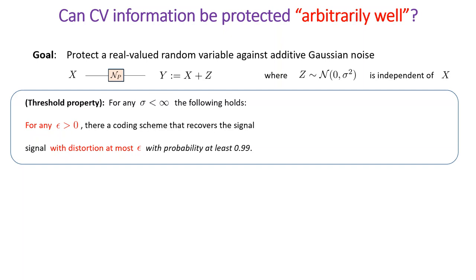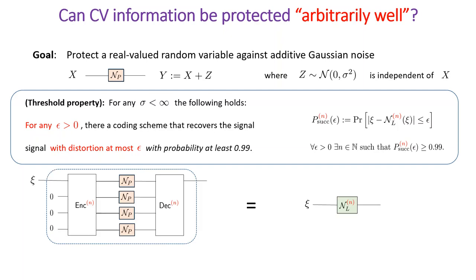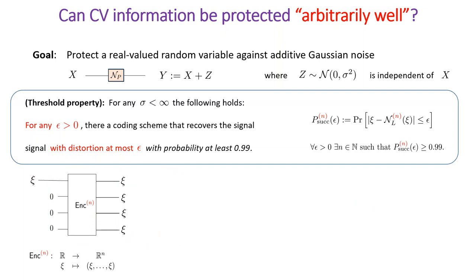More precisely, we can construct a coding scheme with an encoder and a decoder such that the corresponding output random variable is epsilon close to the signal sent with high probability. Here's a corresponding coding scheme. We can just use the repetition code to create n copies of the signal.